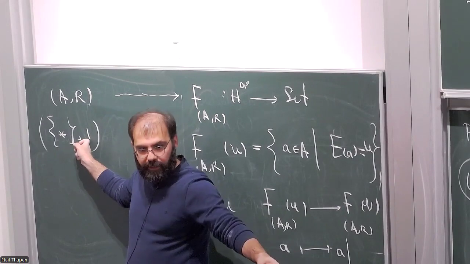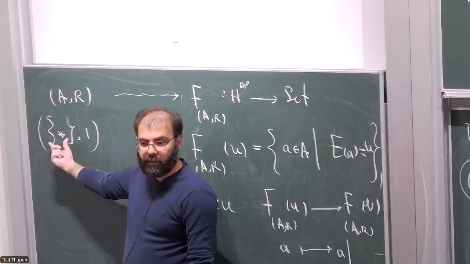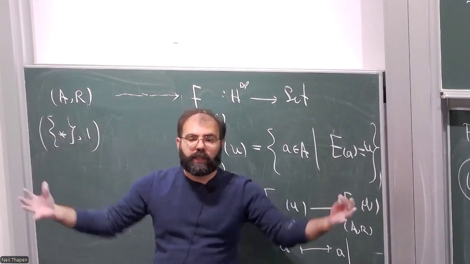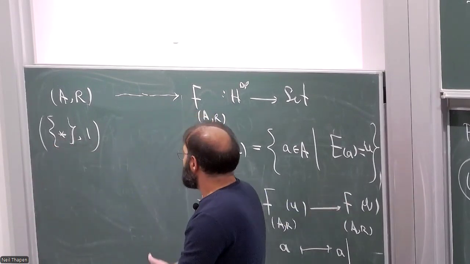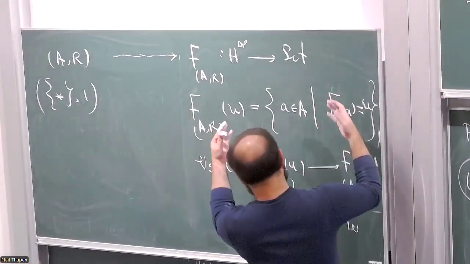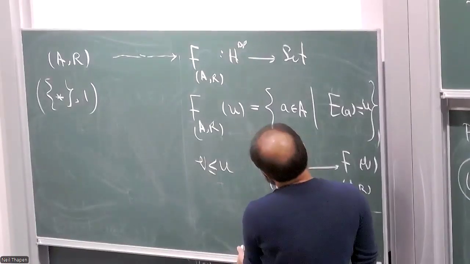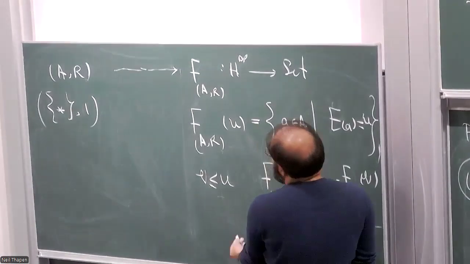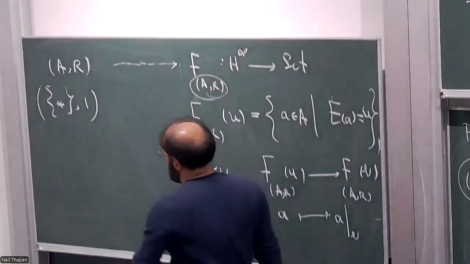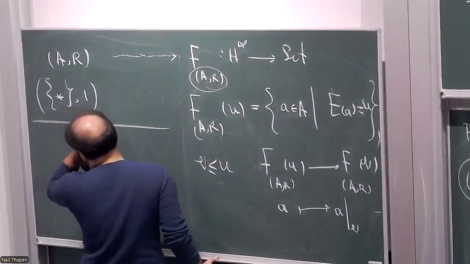Any value less than 1, I have nothing here, right? So it's not that complete. That's some sort of global function that you cannot restrict. So if I want to go through this construction, I need to assume something specific about my AR, my H set.